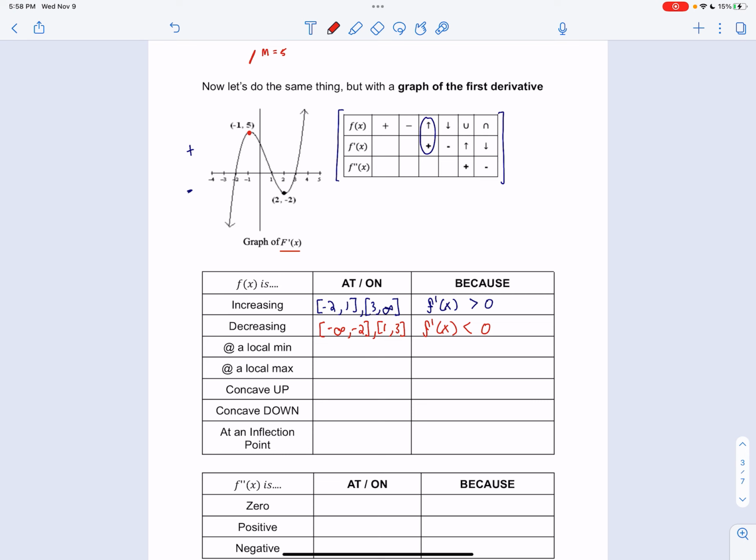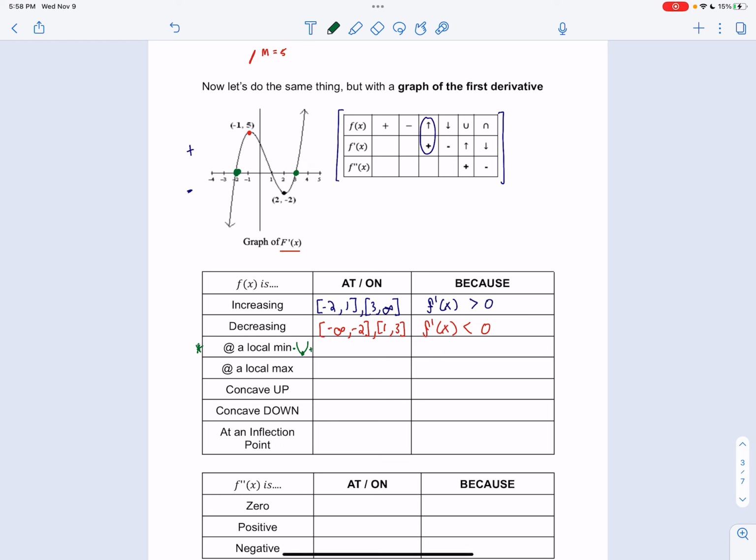So increasing and decreasing leads directly into these next questions. All a local min is, it's when your original function was decreasing and is now increasing. But what that means for this function is, where does the derivative switch from negative to positive, right? Negative to positive here. And so that's going to happen at negative 2 and at 3.